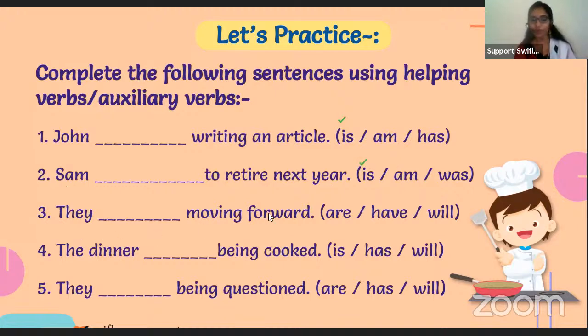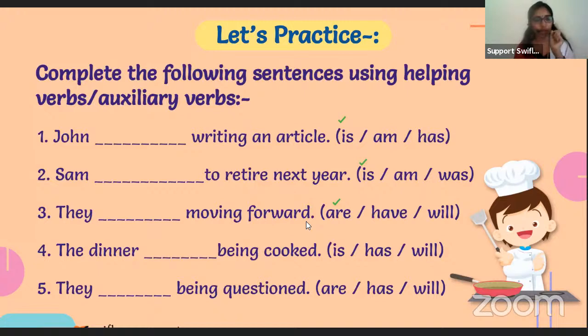They dash moving forward. Definitely we will not have will here, because with will we have the simple plain verb. Here we have ing. So they are moving forward.